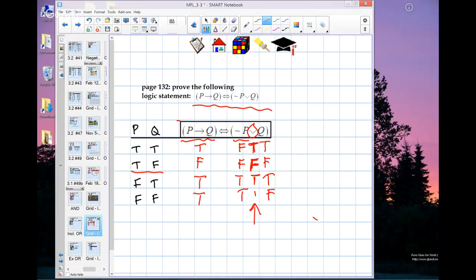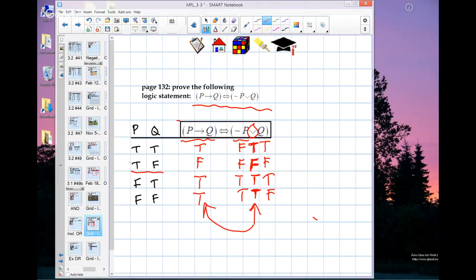They're not both false, they're not both false. Now compare. Are they the same? TFTT. We did it. We proved it. So here's another example of an equivalence that you've been asked to prove. That just means show that both sides come out exactly the same.